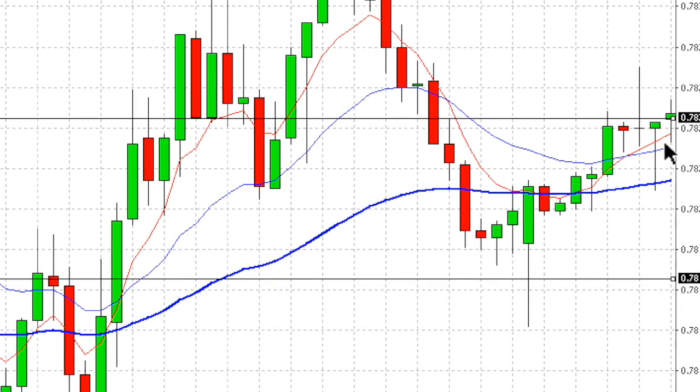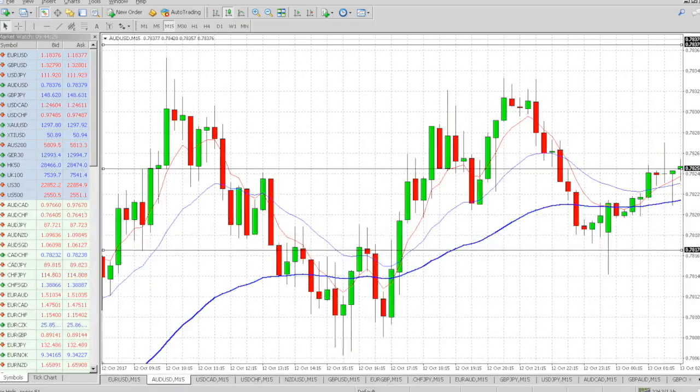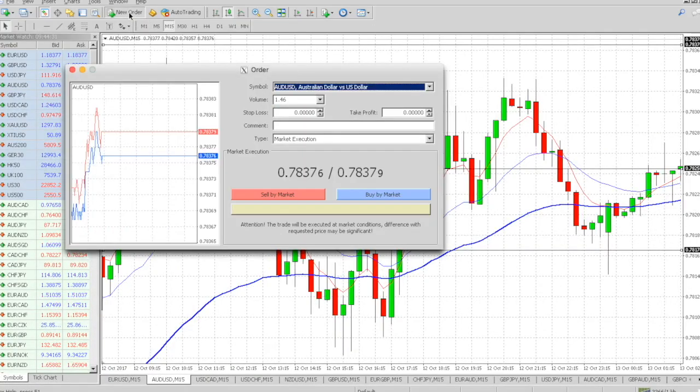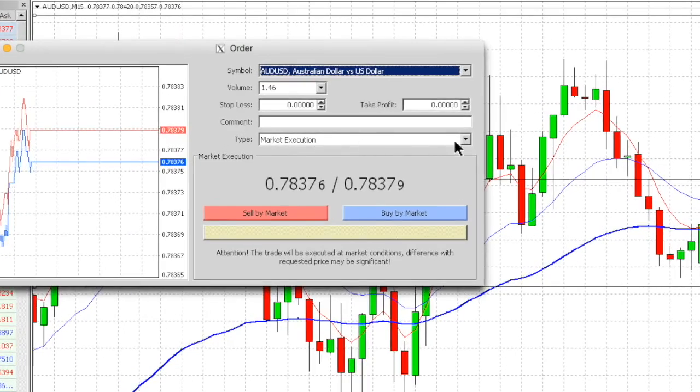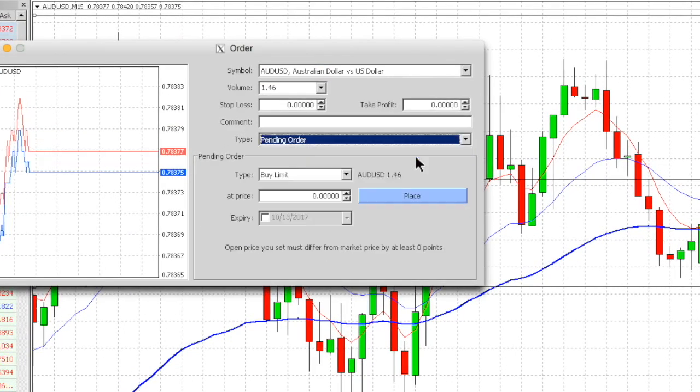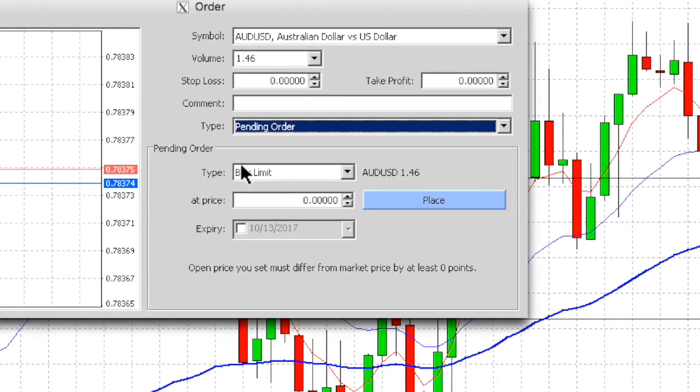So if the price has moved above my intended entry price, remember, I do not use a buy stop order anymore. A buy stop order means you want to buy higher than the current price, okay? But if it's really moved above my intended price, I want to only buy when it comes back down. So I use a buy limit order, right? In that case, I'll go to pending order and use a buy limit instead.